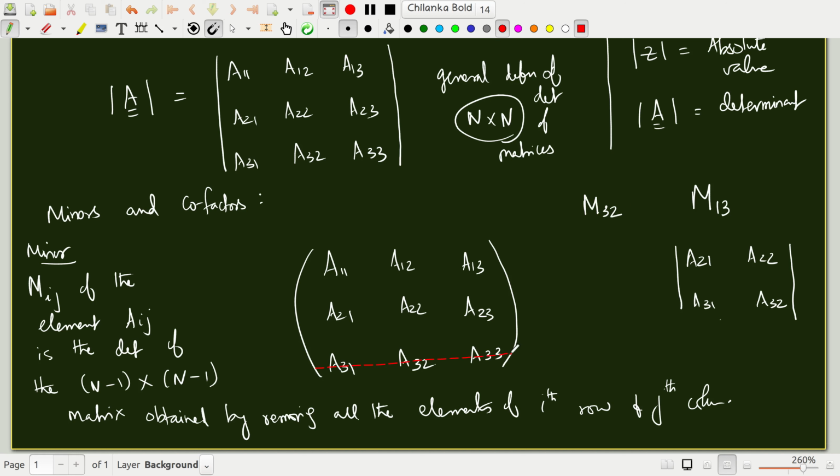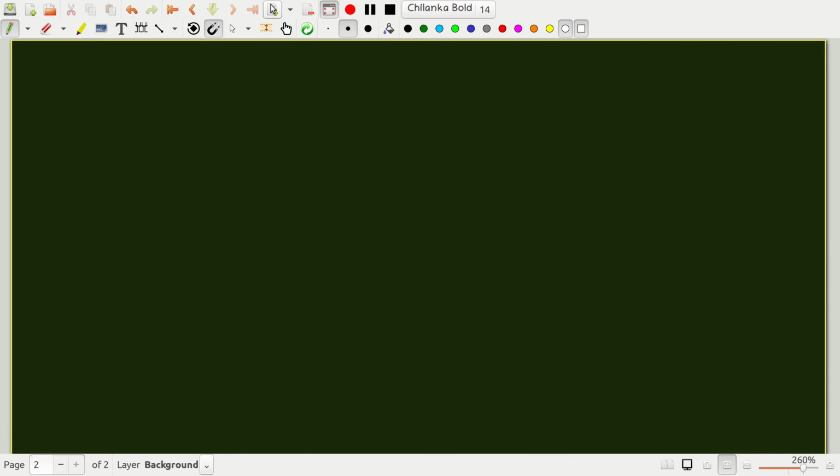So I'll first knock off the third row and then I will knock off the second column. So M32 will be the determinant of the matrix with A11, A13, A21, A23, since I have knocked off these two. Okay, and so on and so on. So I'm giving you two examples. So this is the notion of a minor. Okay, so let's take a new page.